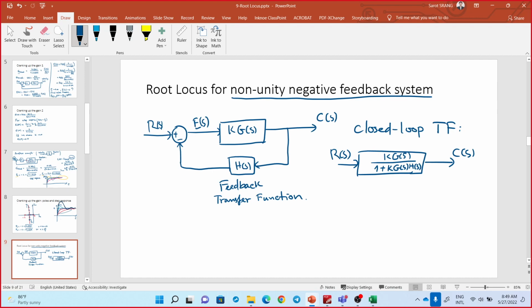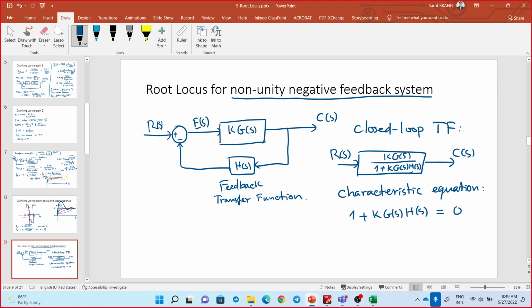So the characteristic equation would be 1 plus k G of s H of s equals 0.